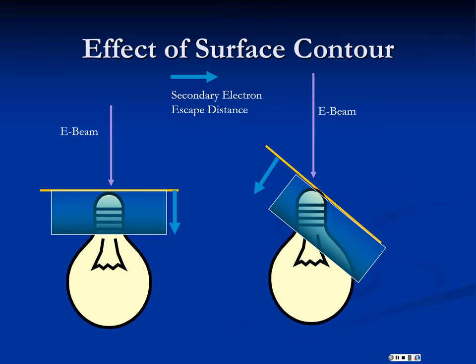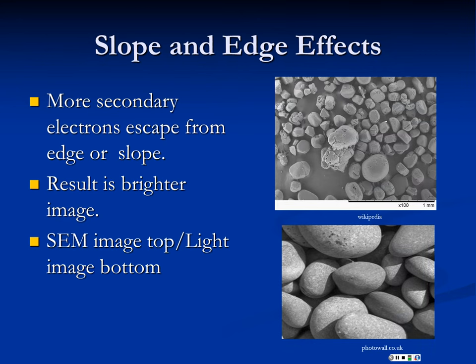A light microscope, on the other hand, a slope is going to scatter the light. You're going to get less electrons. So a way to think about this, here we're looking at an electron microscope image. The top flat part of these particles is darker than the edges. More electrons are escaping from the edges. And notice the flat surface here is not very bright.